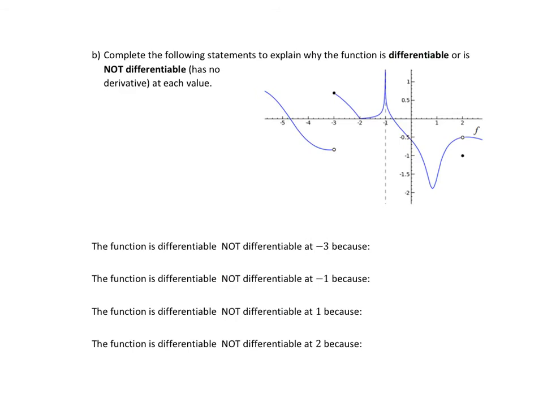So then we move on to part B. And in part B, you need to remember where the function was and wasn't continuous, but you also need to remember some other things. So for the value at negative 3, can we take the derivative at negative 3?